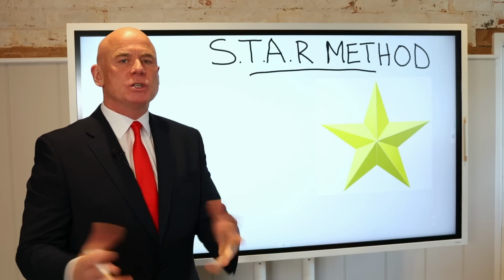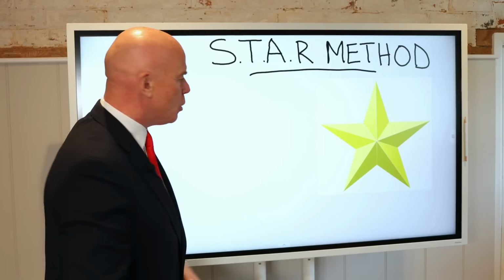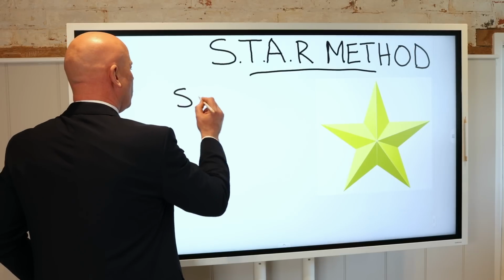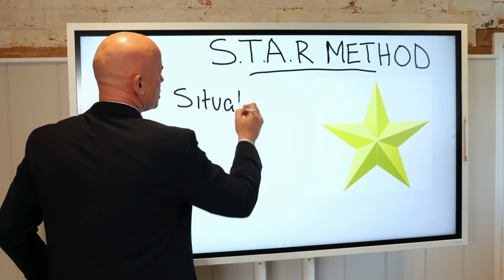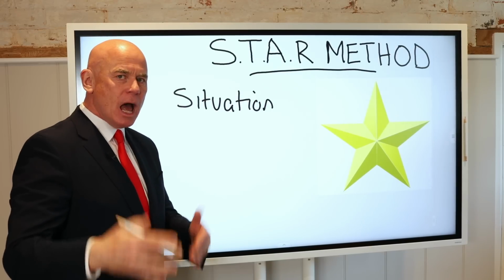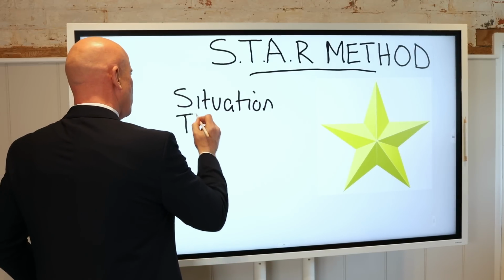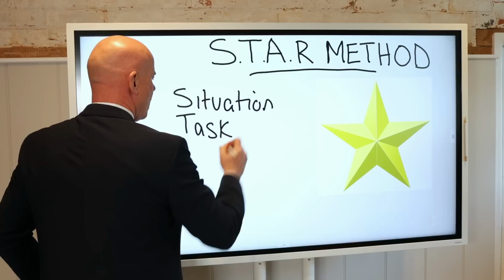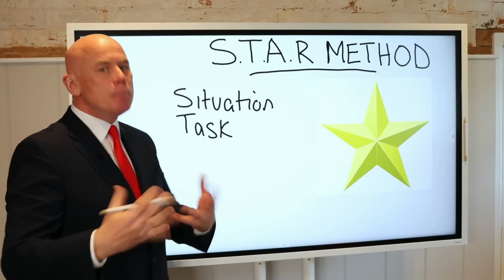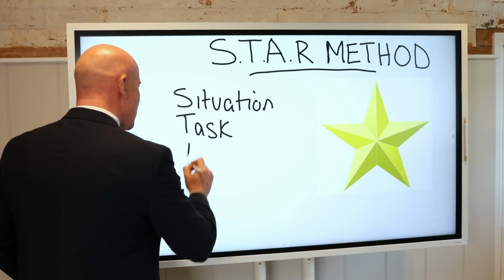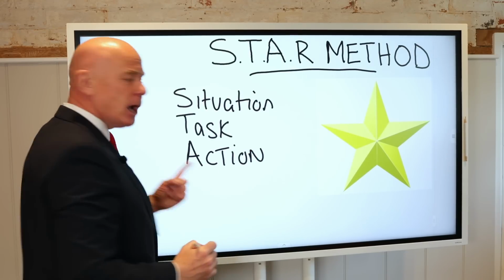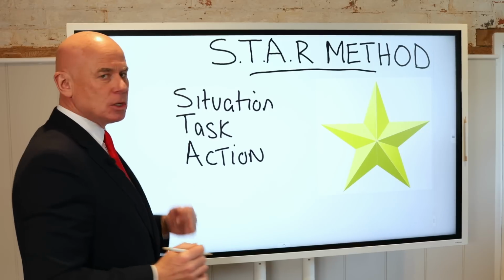Now, when you answer any behavioural interview question, you should start your answer and outline the situation you were in. You will then move on and tell the hiring manager what the task was, the task that needed your attention. You will then give in-depth details about the action you took to complete the task.